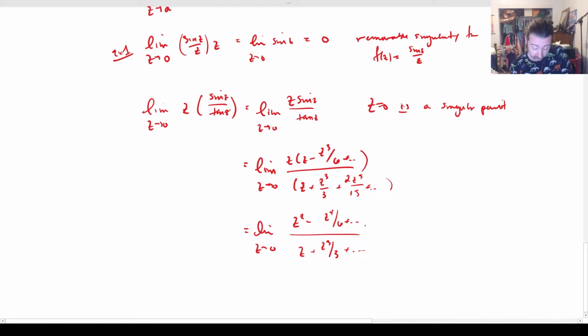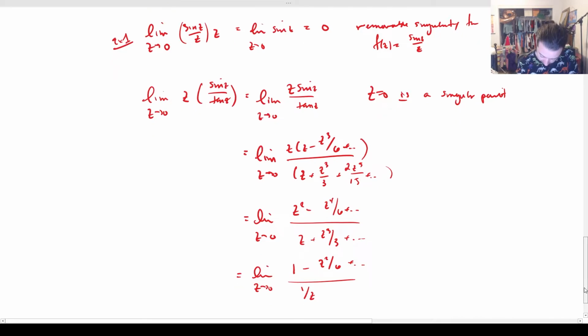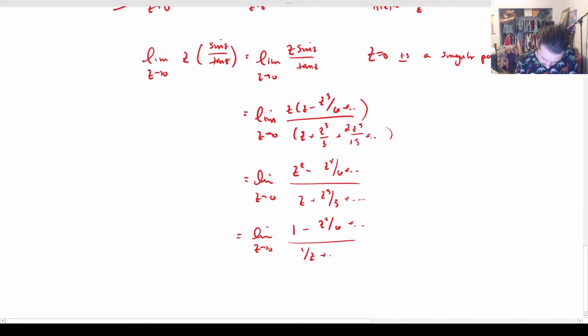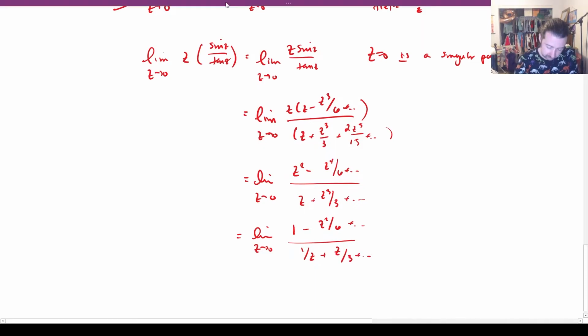So let's multiply top and bottom of this by 1 over z squared, and that limit will still be equal to the limit as z goes to 0 of 1 minus z squared over 6, and so on, over 1 over z plus z over 3, and so on. And if you compute that limit, as z goes to 0, the top goes to 1.